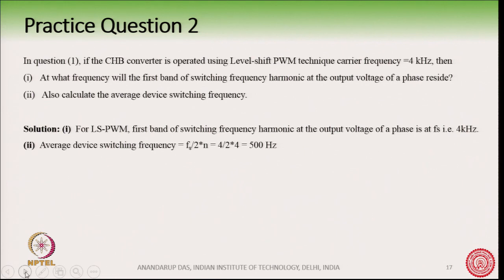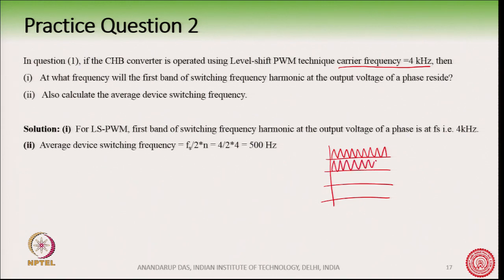Now, if it is operated using the level shifted PWM technique with a carrier frequency of 4 kilohertz. We have seen that in level shifted PWM there are several carriers, and each carrier is at 4 kilohertz, something like this. This frequency here is 4 kilohertz.